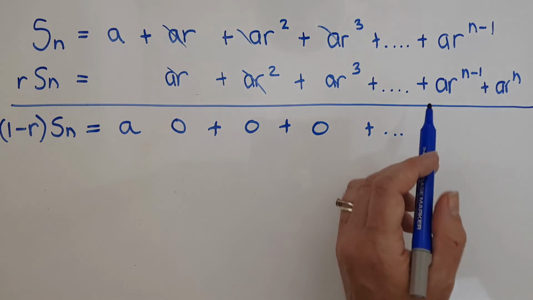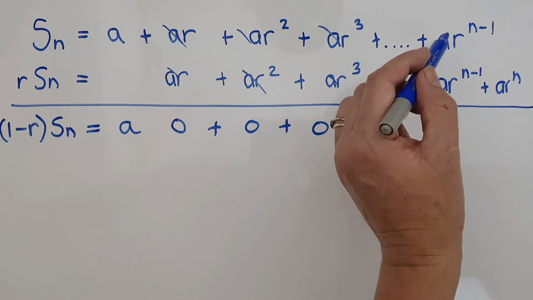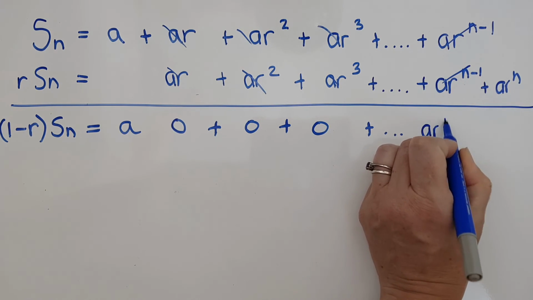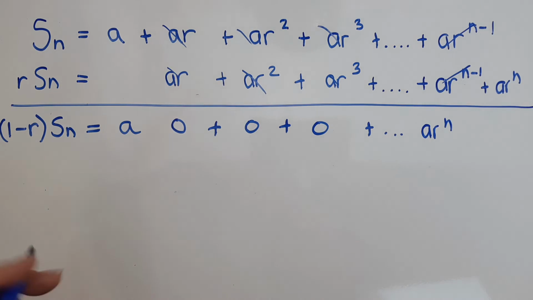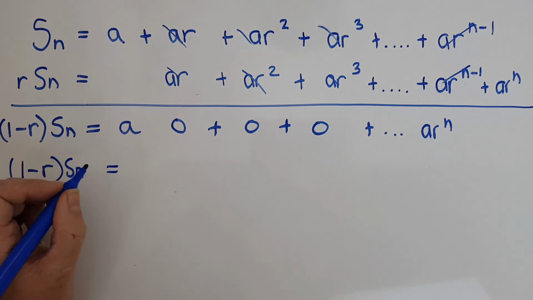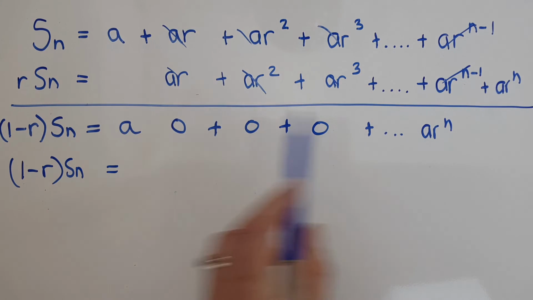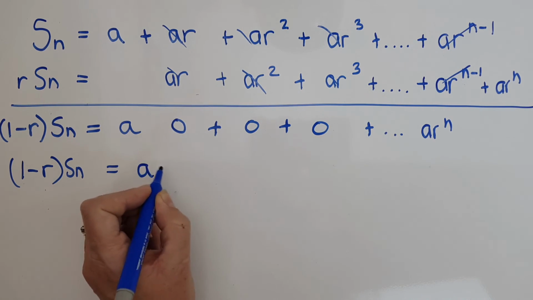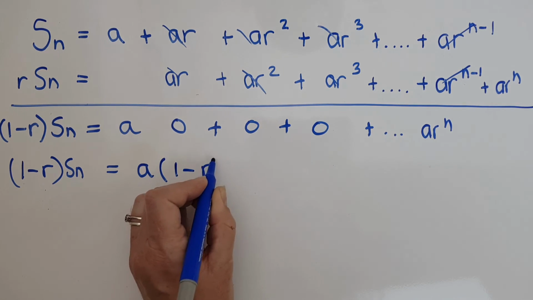And here, these guys will now cancel, but I'm going to be left with ar to the n. Okay, so tidying that up quite nicely, I'm going to have 1 minus r of Sn, and I'm going to have those guys, but they've also got a common factor of a, so let me take out the a, and I'm left with 1 minus r to the n.